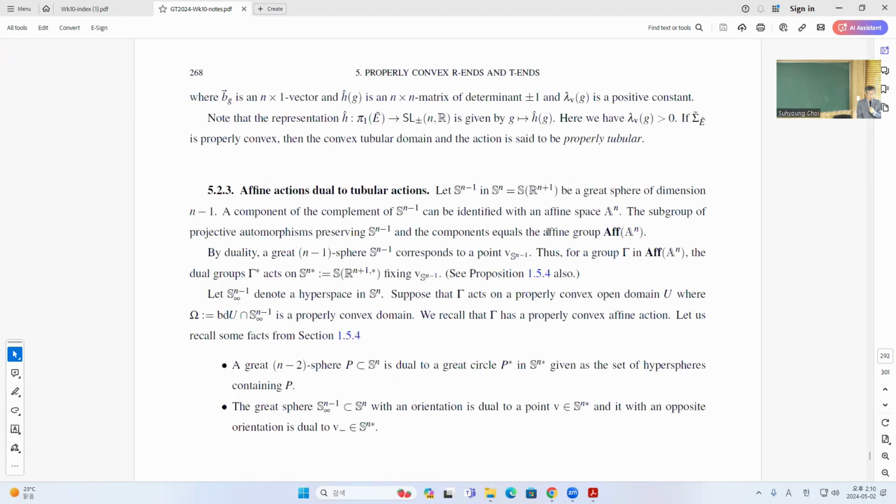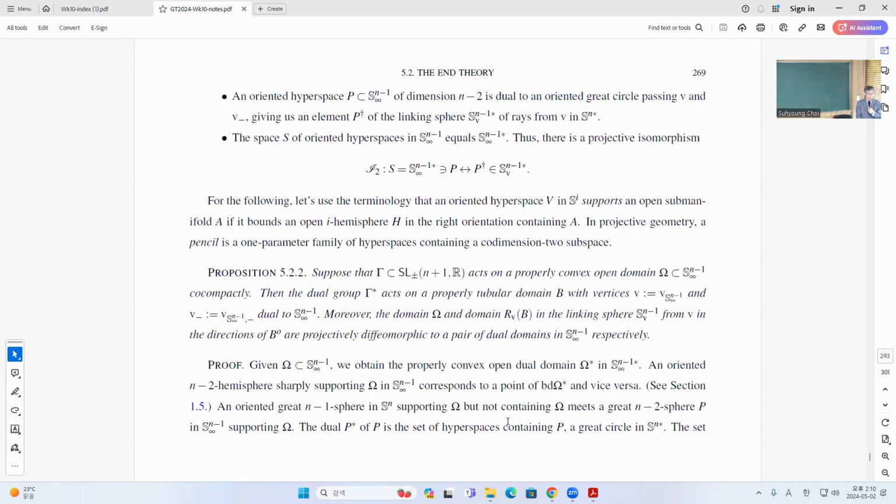So then the key point is that if you dualize this kind of action, this dual group will act on some affine plane corresponding to V. V corresponds to a hyperplane in the dual, so it will become an affine action.